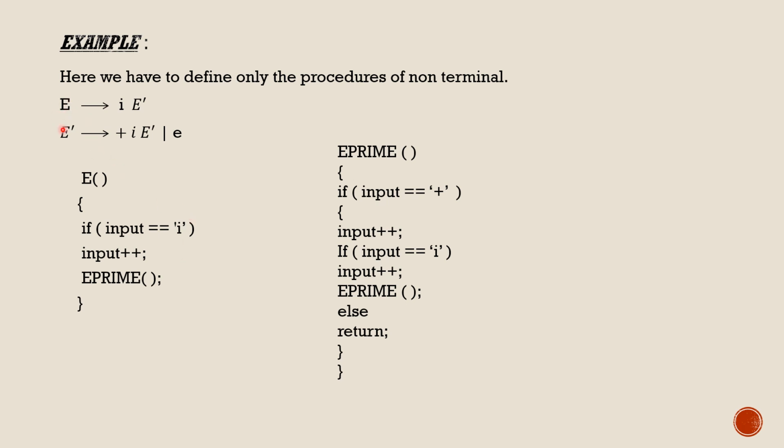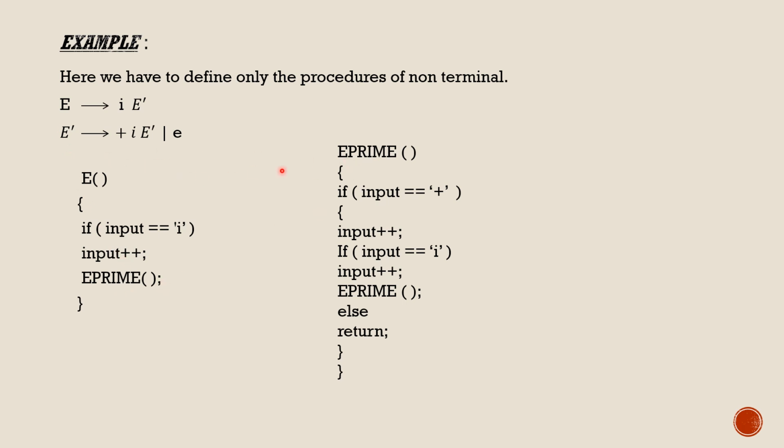The first one is E. E is a non-terminal, so we call the function. When i is the terminal, we increment the input pointer.